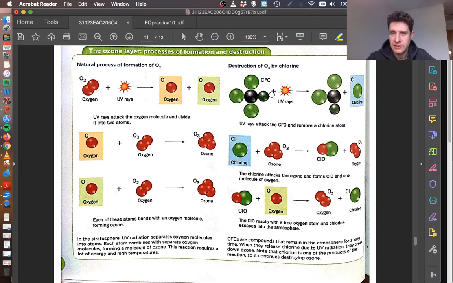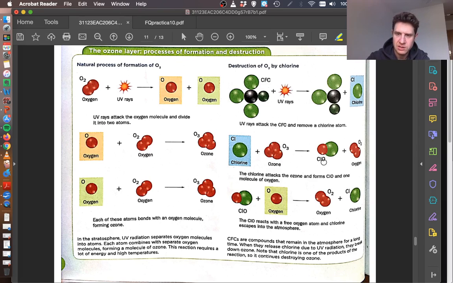So when they free this gas and it meets the UV rays, we have chlorine. And chlorine, 80 kilometers above in the atmosphere, breaks down the ozone. So the chlorine is very likely to meet the ozone, and breaks the three-atom molecule of oxygen.